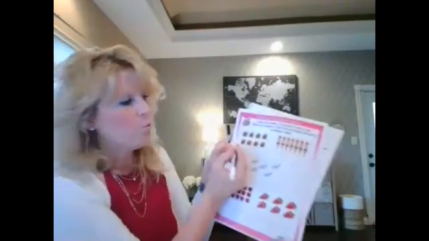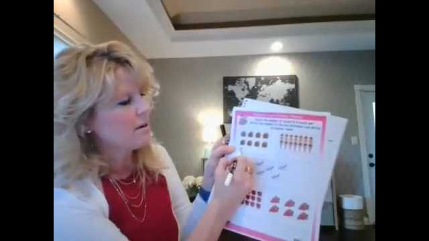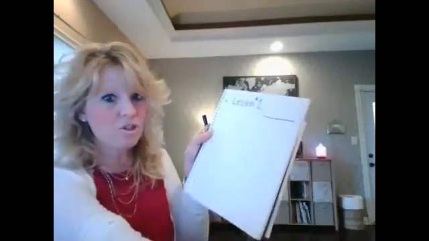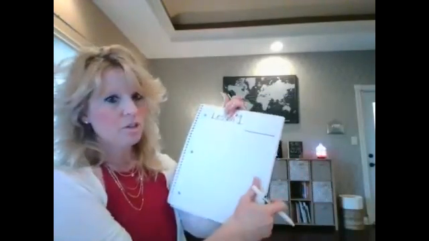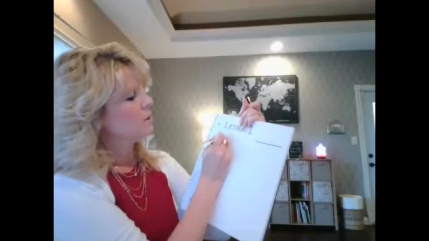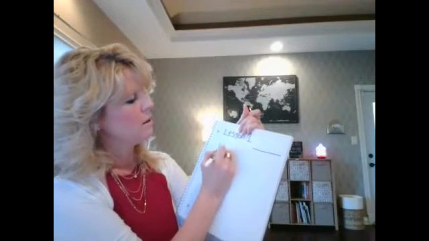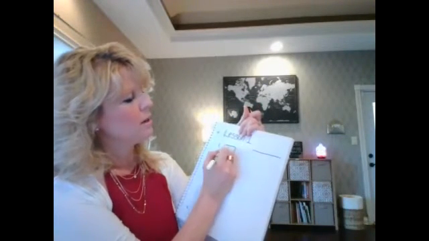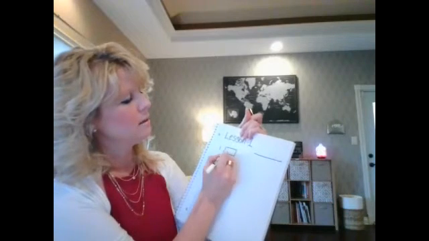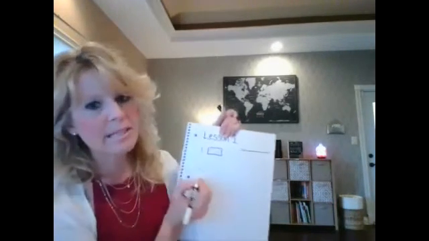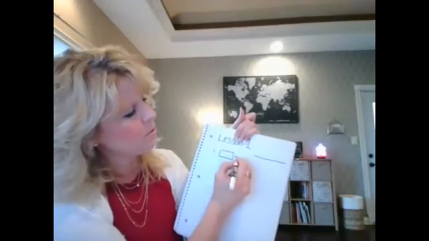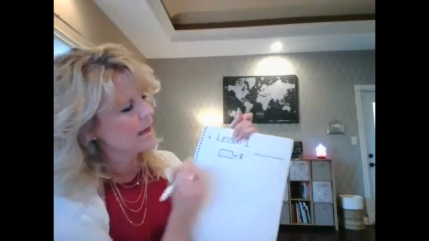All right, so where you would put the 8 is right here, but instead you're going to come over to your notebook and you're going to put number 1. You could put 8 dots to represent the puppy dogs, and then put it equals 8.